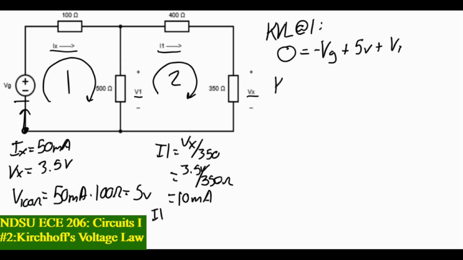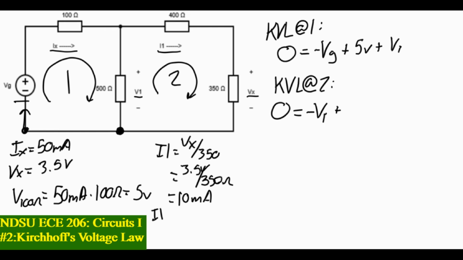Let's do KVL at 2. 0. Let's start here. Why not? We're going to start at the bottom, right there. 0 equals negative V1 plus our I1 times our 400 ohm resistor.